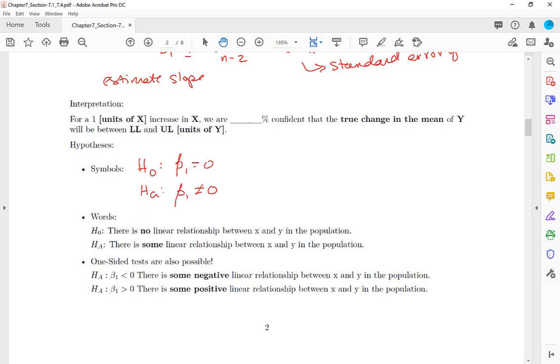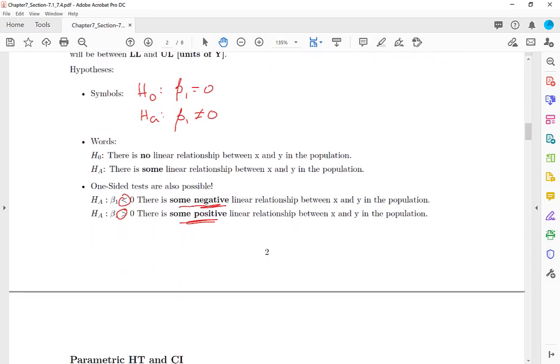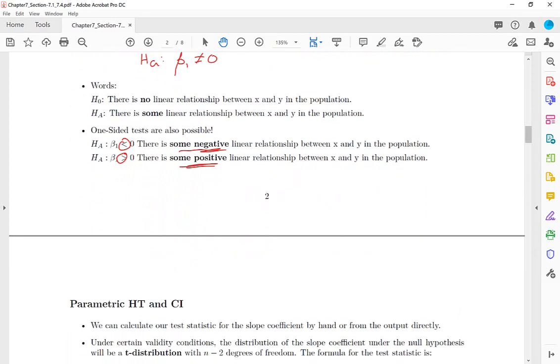For our alternative, there is some linear relationship between x and y, the explanatory and the response, in the population. We can also look at one-sided tests where beta 1 is less than 0, there is some negative linear relationship between x and y in the population, and beta 1 is greater than 0, there is some positive linear relationship between x and y in the population.